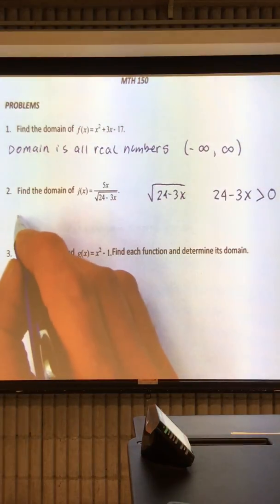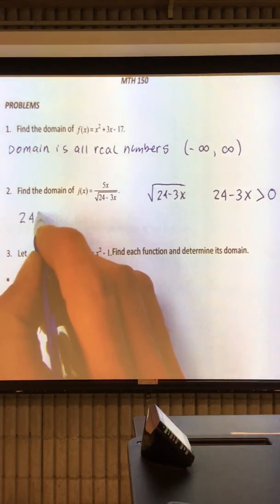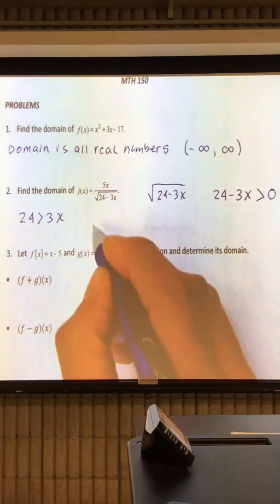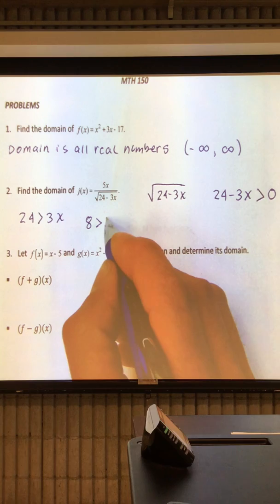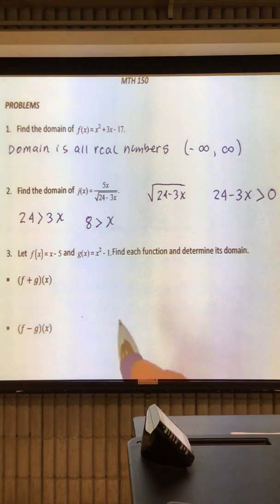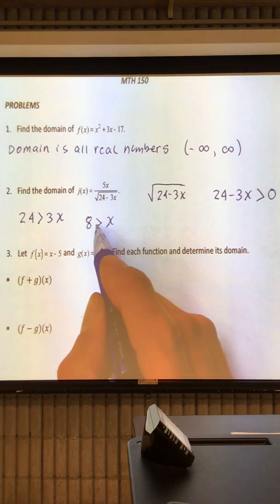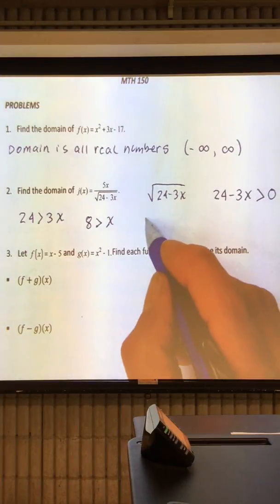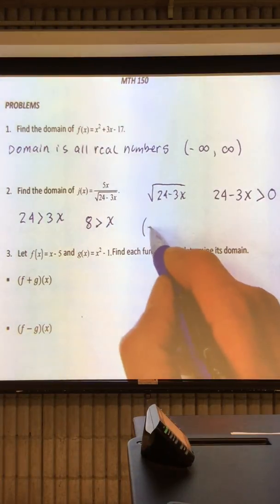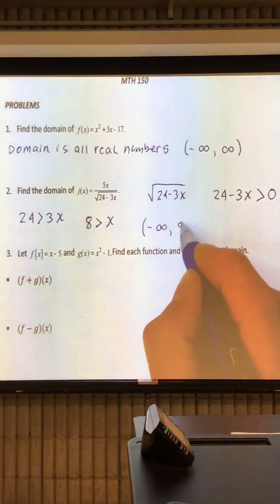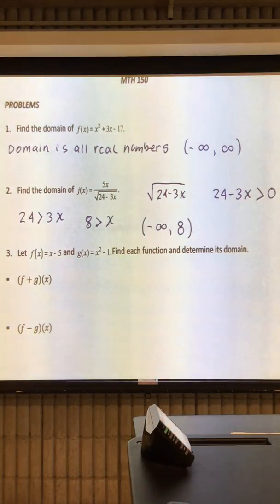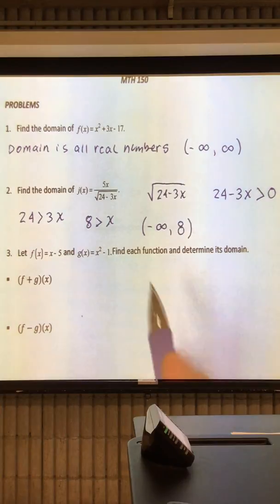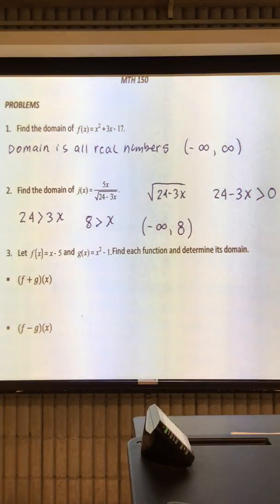Solving that for x, we'll take 3x to the other side, and dividing both sides by 3, we'll have 8 is greater than x. So the domain will be all values of x less than 8. We can symbolize this by the interval negative infinity to 8, not including 8. And all numbers chosen in that interval will yield a corresponding y coordinate out.